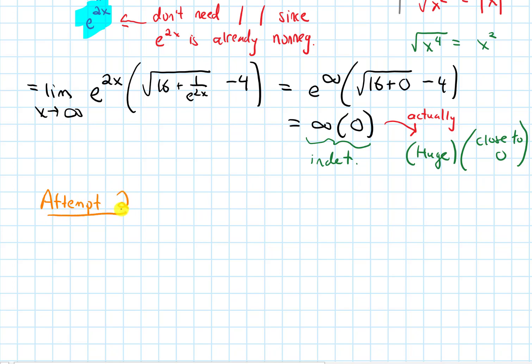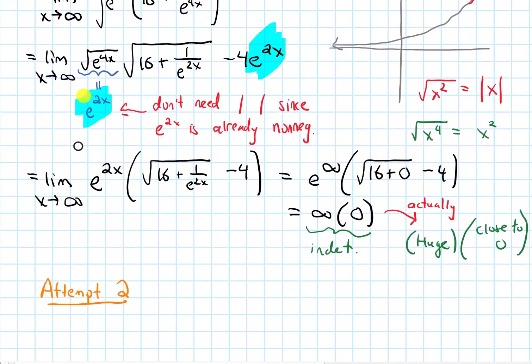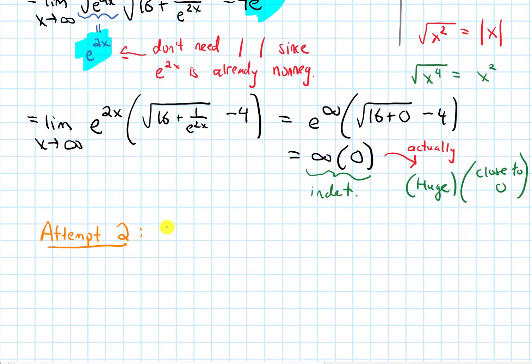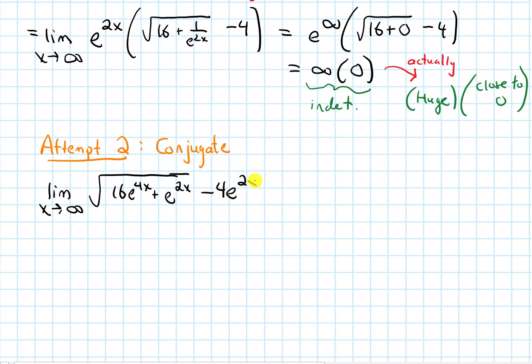In attempt 2, I'm going to recognize that in my original problem, I had the square root of stuff and then minus something. And one of our techniques that we have used to simplify something like that is the conjugate. Okay, so let's see what happens if I use the conjugate. So our original limit was as x goes to infinity, square root of 16 e to the 4x plus e to the 2x minus 4e to the 2x.